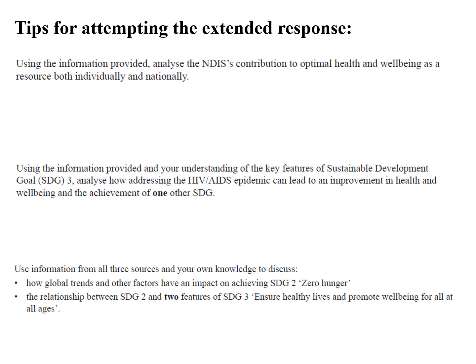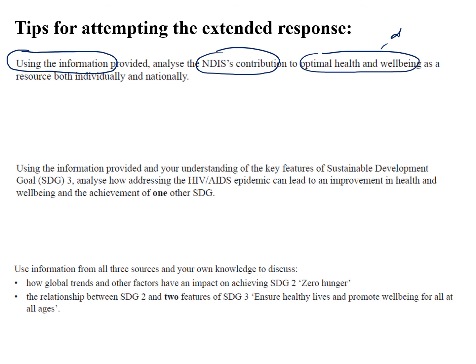Okay, so just to recap on what these 3 questions were. So 2018, so I would be highlighting using the information provided. I know I need to do that. Analyze the NDIS's contribution to optimal health and well-being. So I'm thinking here about my dimensions as a resource, both individually and nationally. Okay, there's so much information in there.